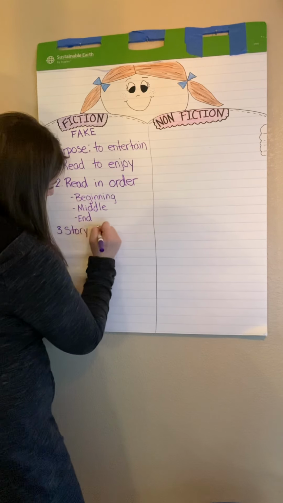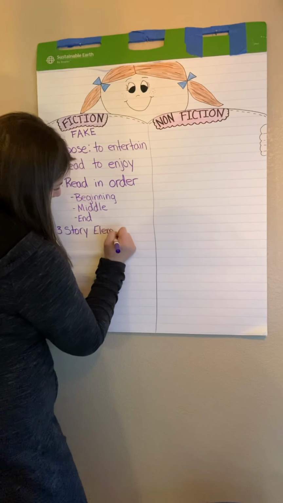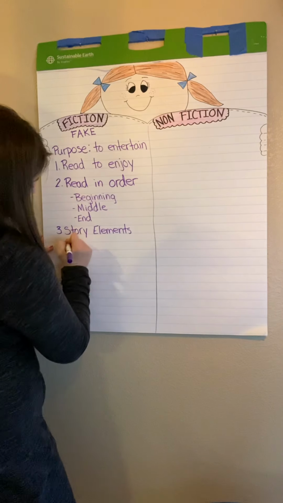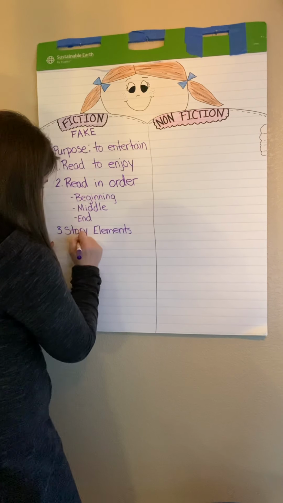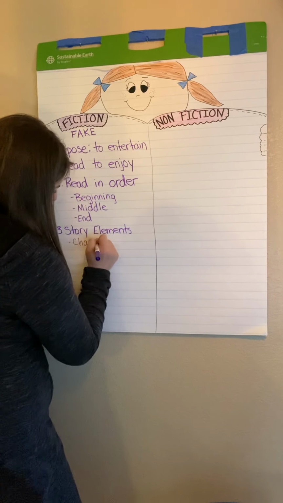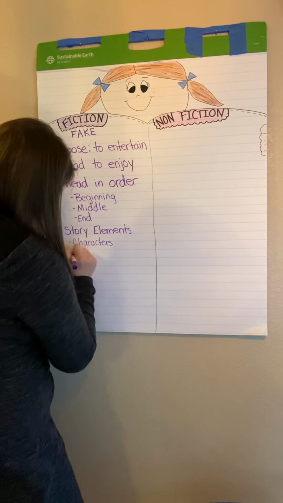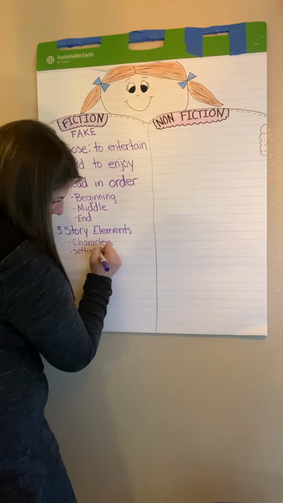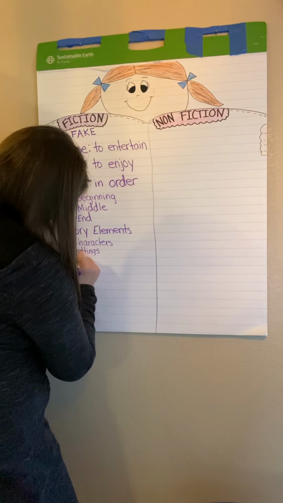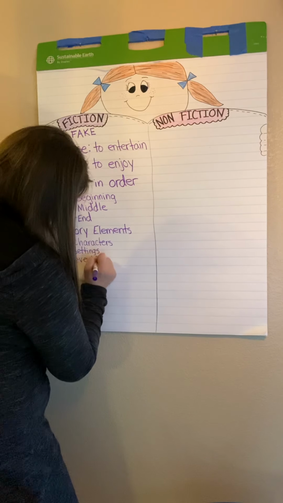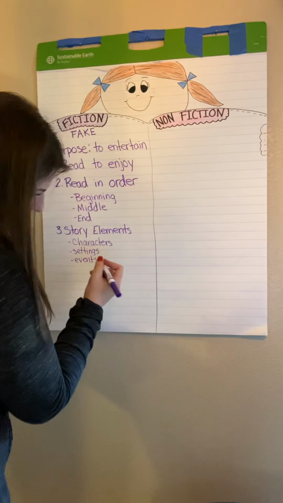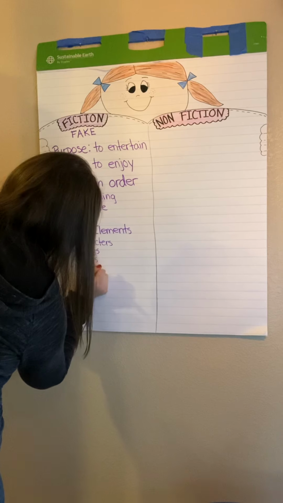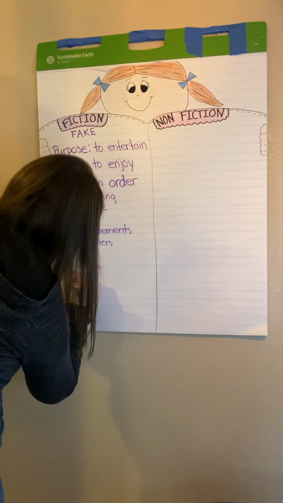Story elements. What that is referring to is characters, settings, events, problem, and solution.